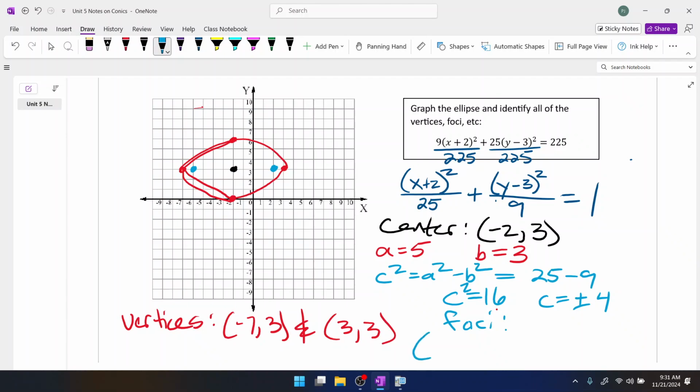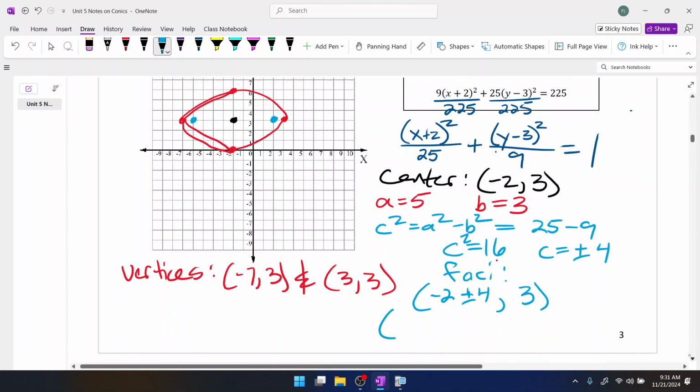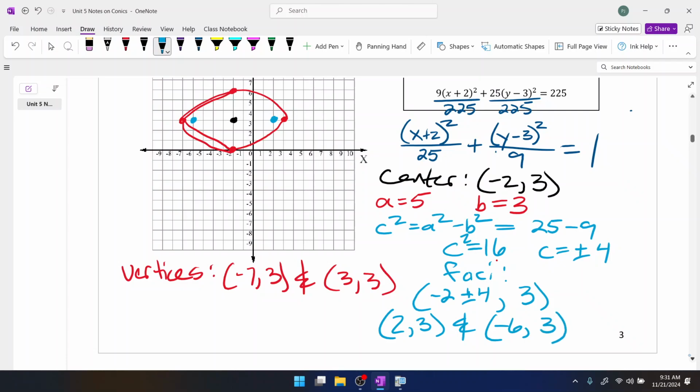You could think of it like this: -2 plus or minus 4, and at 3. Well, -2 plus 4 is 2, and -2 minus 4 is -6. All right, now, that's how we find the foci. Yeah, we kind of lucked out in that sense.